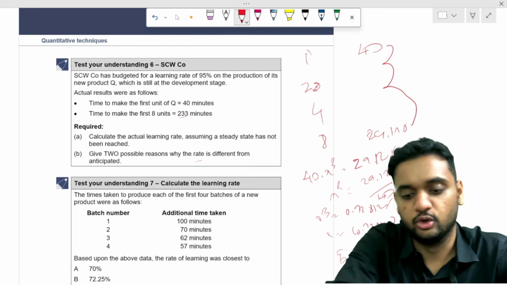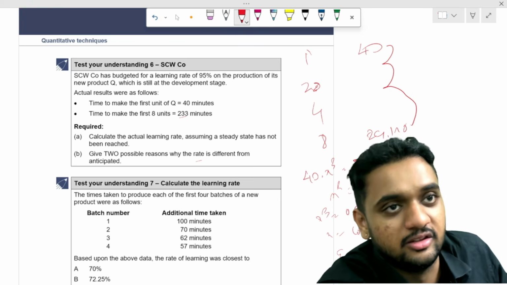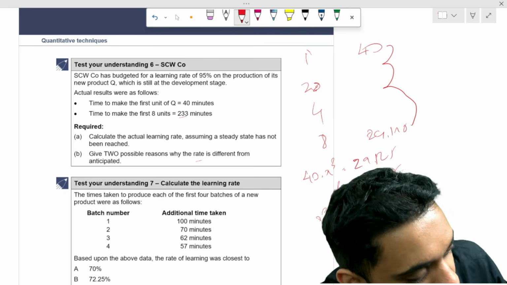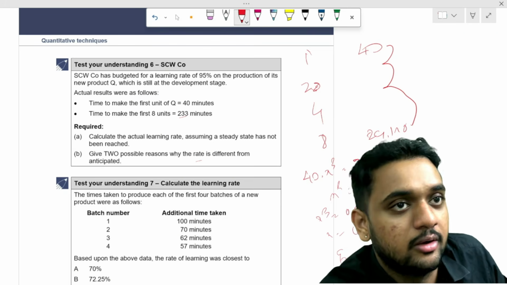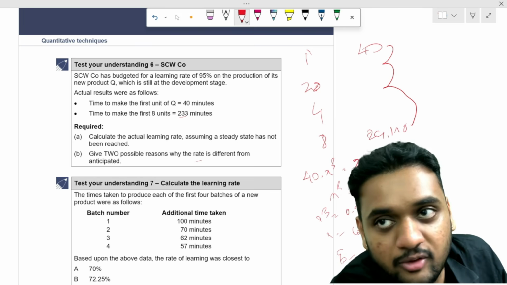Listen, all of you. I'll show you. First, from 1 unit we go to 8 units: 2, 4 and 8. So from 40 it will become 20. We found the average here.